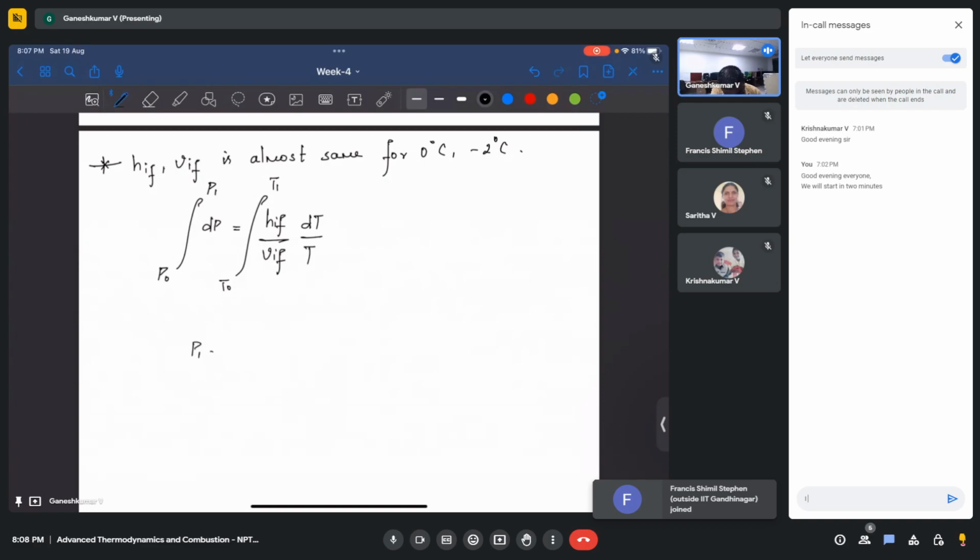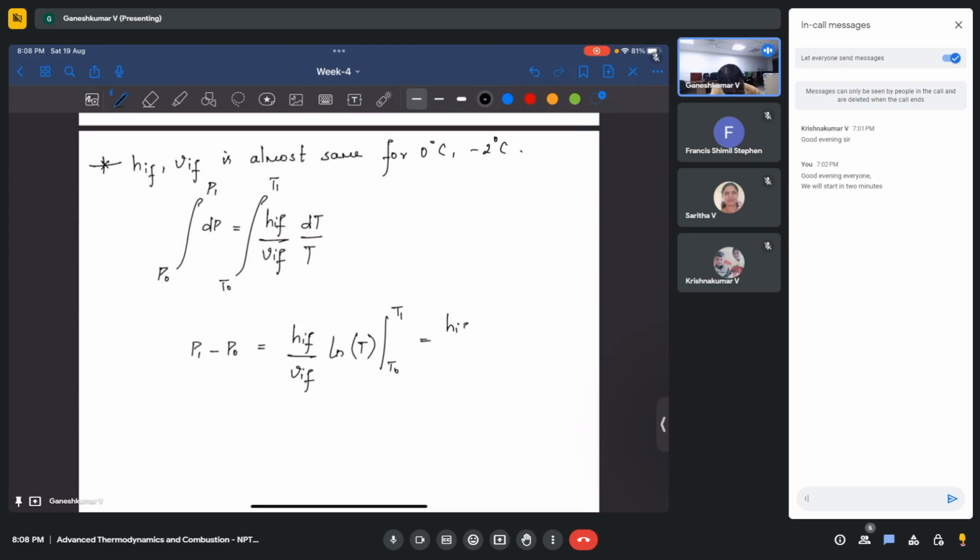So P1 minus P0 is equal to Hif, if we assume these two are constant, not a function of temperature, or almost the same for 0 and minus 2 degrees Celsius, then this becomes ln of T from T0 to T1.